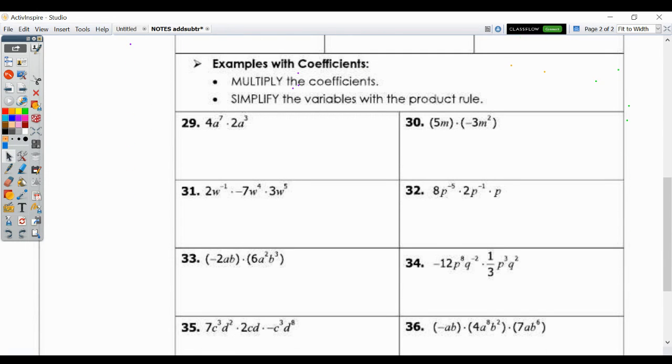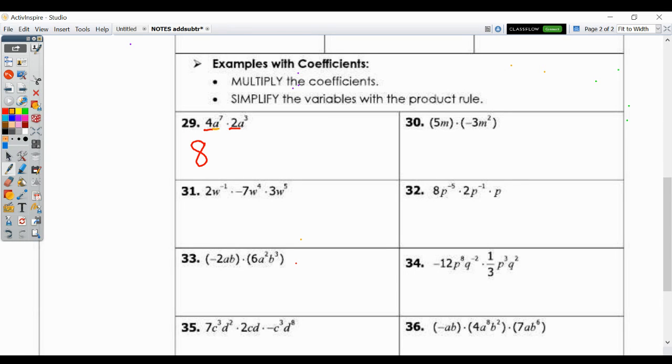All right, so when it's all mixed, so when you have coefficients and variables, you have to multiply the coefficients like we've always done. We need to multiply these big numbers like we've always multiplied regular numbers. So we need to do that first. So 4 times 2 is going to be 8. Then we need to deal with our exponents.